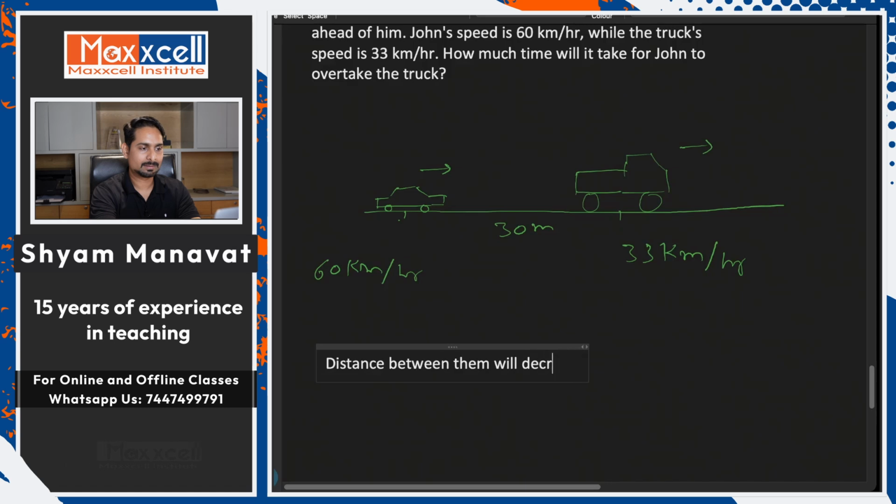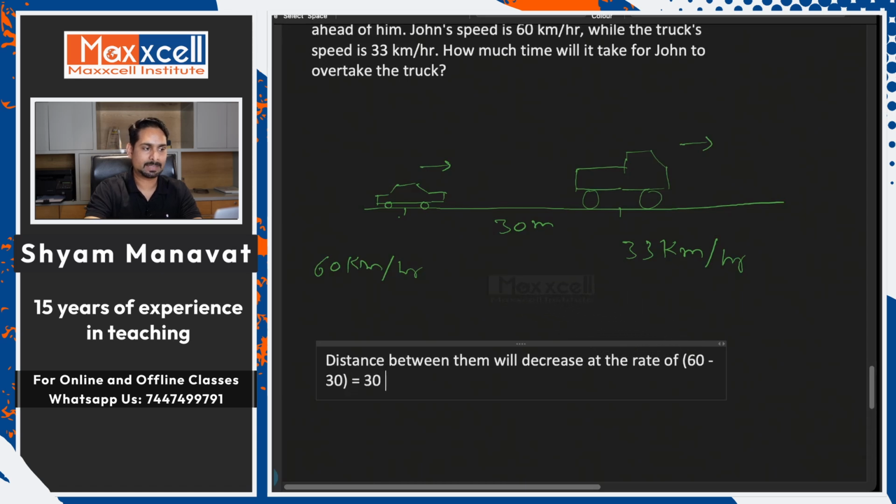will decrease at the rate of what? Same direction, so 60 minus 33, that is 27 what? Kilometers per hour. As of now we have not changed any unit, so kilometers per hour.